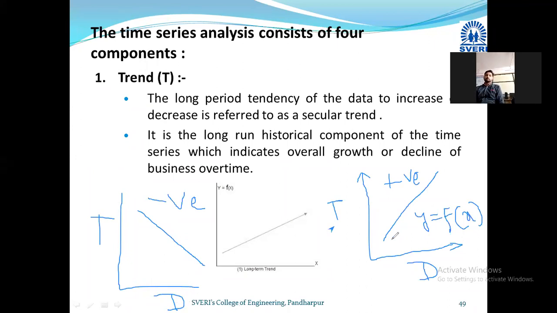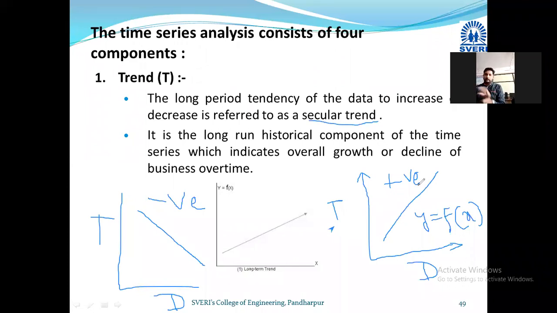Okay, getting what is meant by positive, and it is called secular. It is also important. What is meant by secular? It will show whether the company is doing growth, or the business is declining.